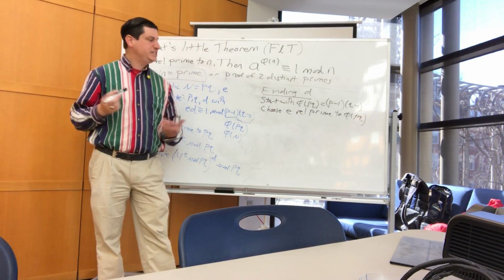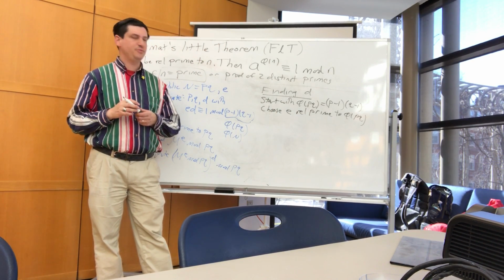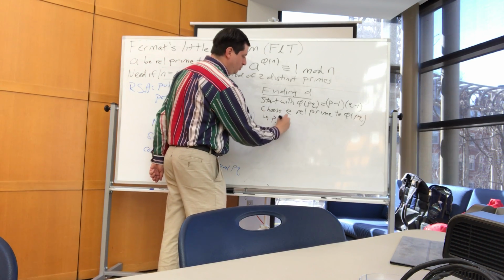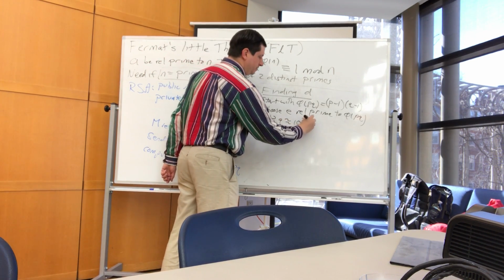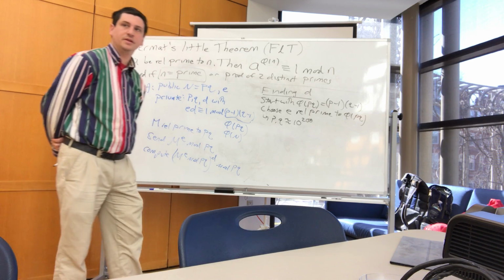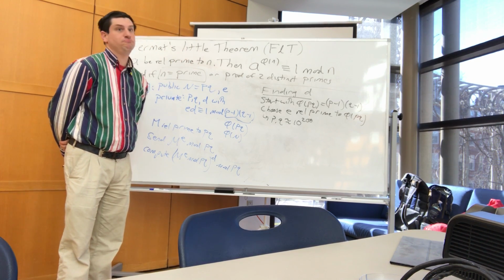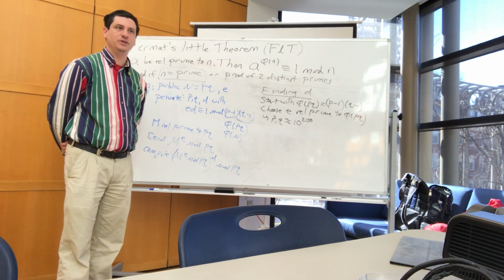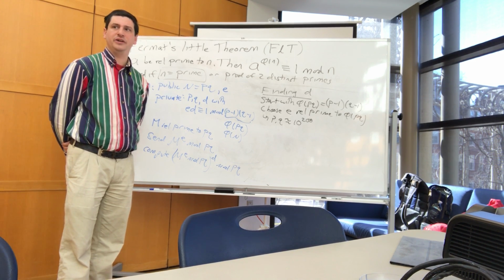So do you think this is easy or hard to find an E relatively prime to phi of PQ? Let's say P and Q are about 10 to the 200. And I want to choose a number between 1 and 10 to the 400 that's relatively prime to P and Q. I probably don't want E to be too small. I want E to be somewhat large.